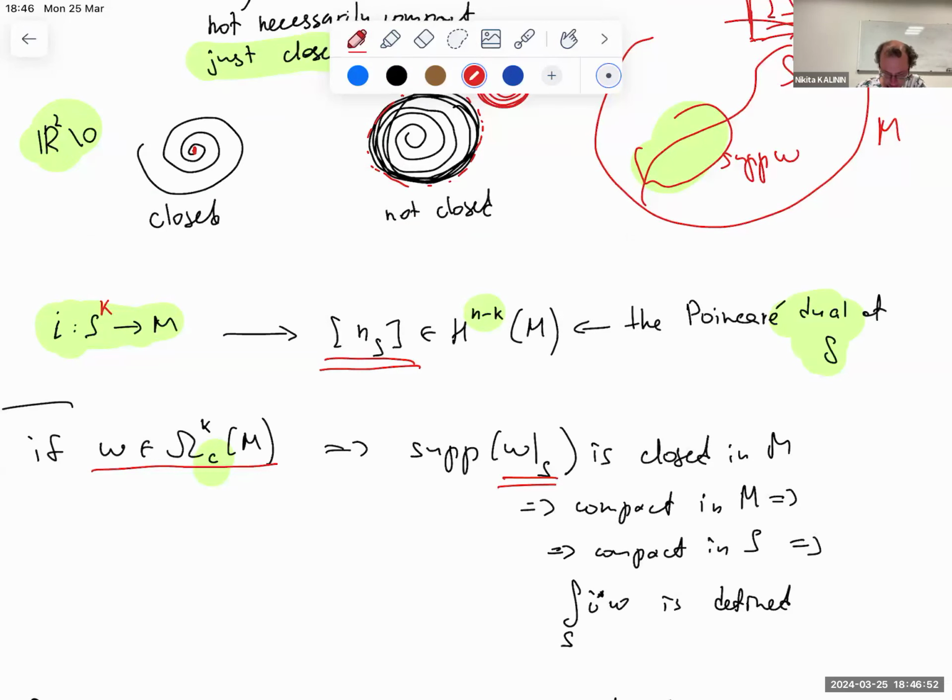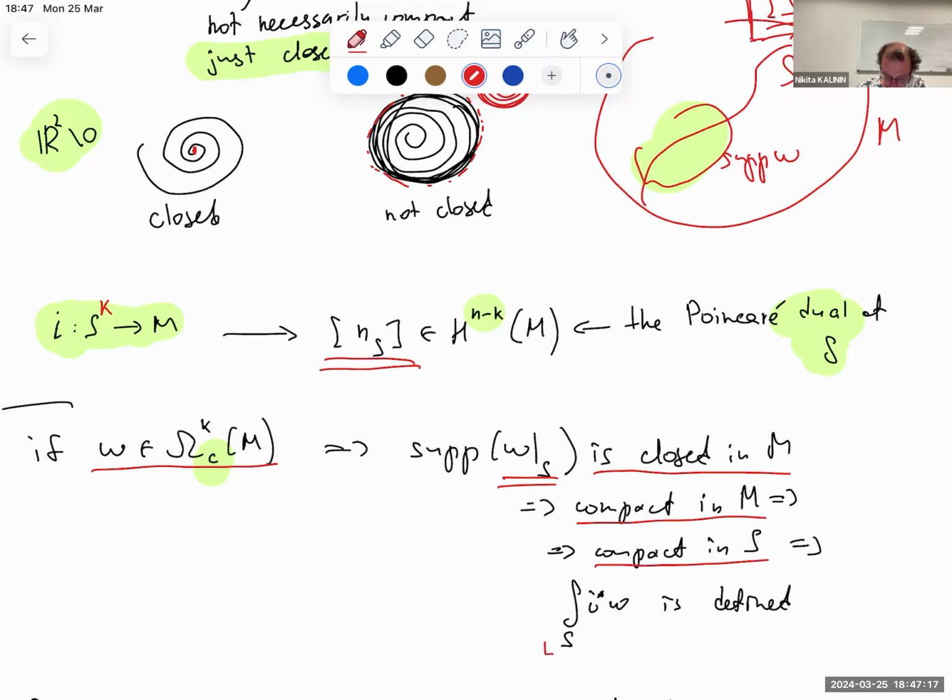You intersect the closed support of omega with the closed S. So it's closed in M. And so it's a closed subset of a compact subset, so it's compact in M. Since it's compact in M, then it's compact in S, right? Because the topology on S is just the induced topology.